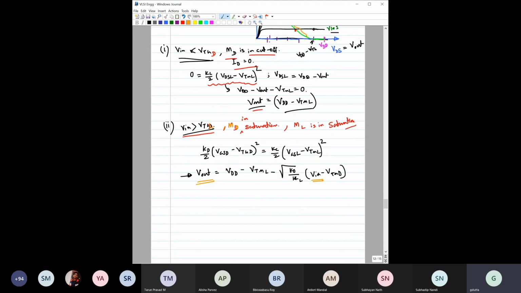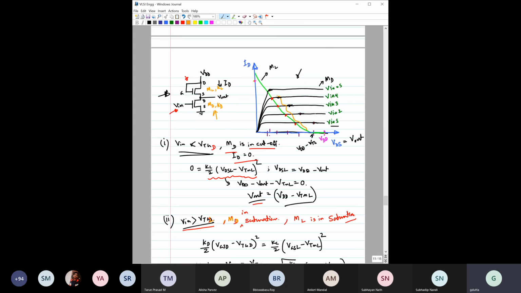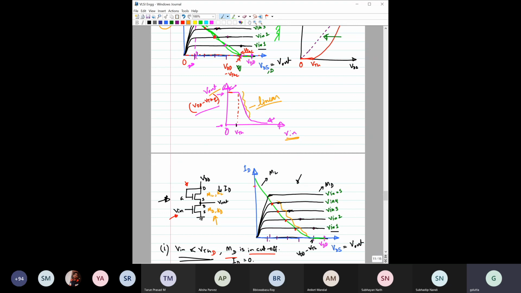Just make the equation, you know the equation, right? Just write it and finally you get an equation with V output and V input. That way you can go back to this VTC characteristic and find the nature of this curvature or this particular line, right?